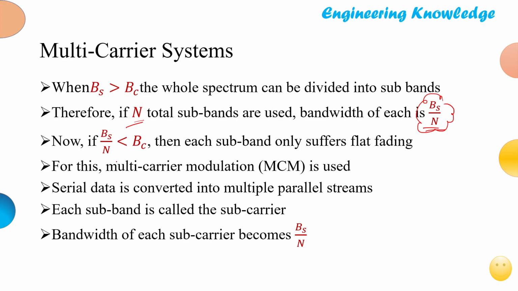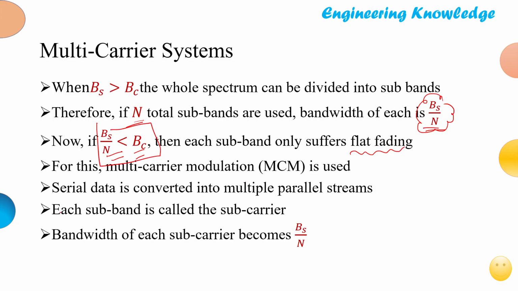Therefore, if this Bs upon n appears to be less than Bc, then each subband only suffers flat fading. Such systems are called multi-carrier modulation systems, in which serial data is converted into multiple parallel streams, and each parallel stream is undergoing flat fading if this criteria is met.